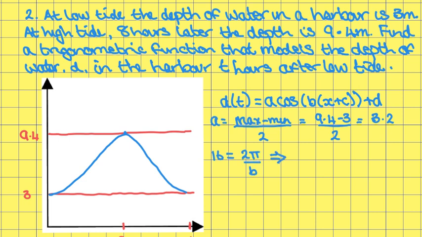Therefore, rearrange it, we get b is equal to 2 pi over 16, which is equal to pi over 8. Let's go back to a. Because the cos function is upside down, a is going to be negative, so that makes it minus 3.2.